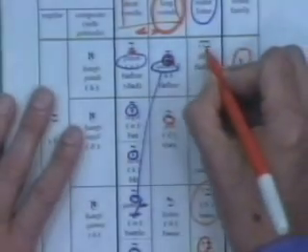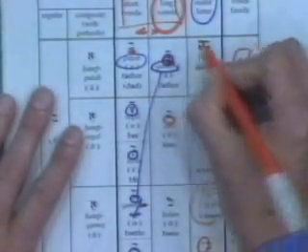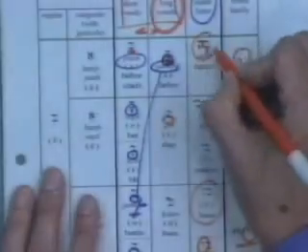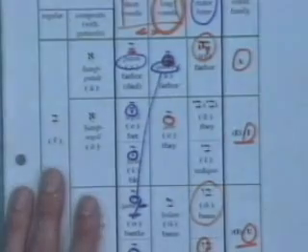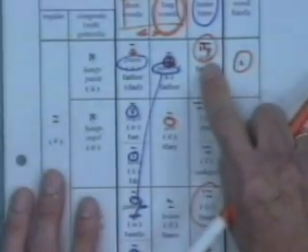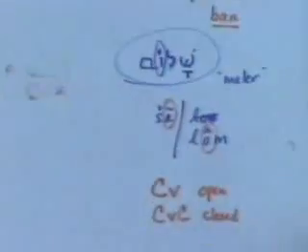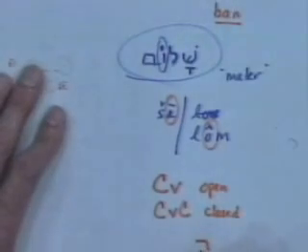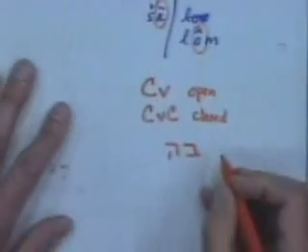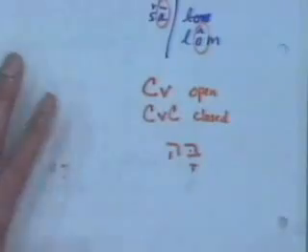In the A family, you get a qamets followed by a hey. So in this syllable, ba, how many consonants are there? One. Right? The vowel, see, that's the thing. You have to think of the mater letter as part of the vowel.